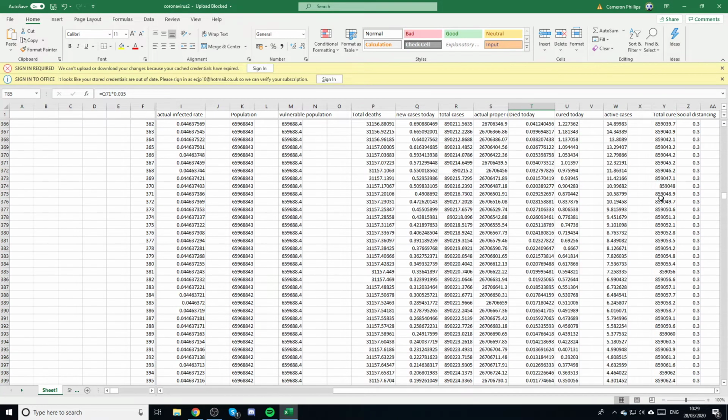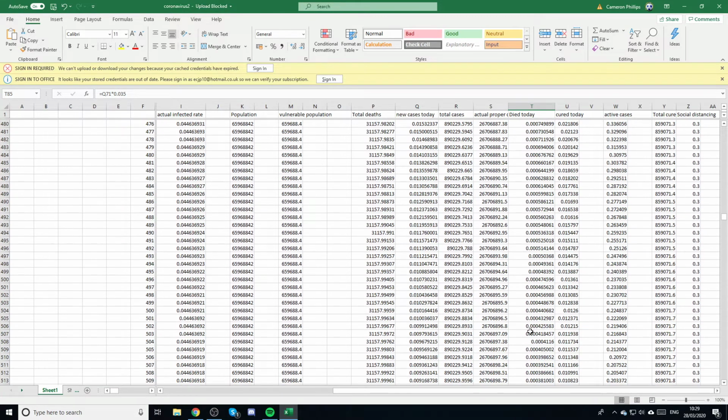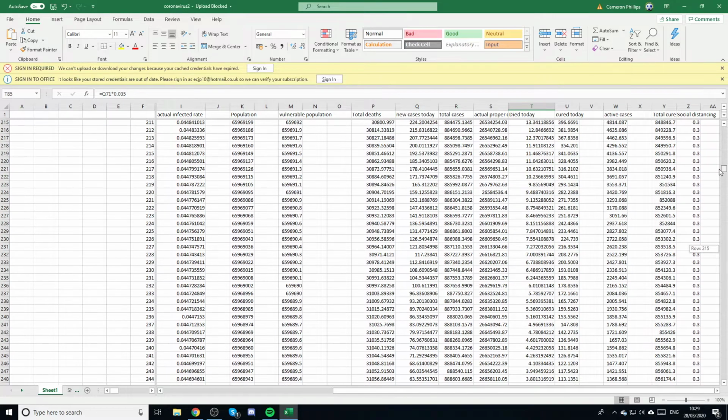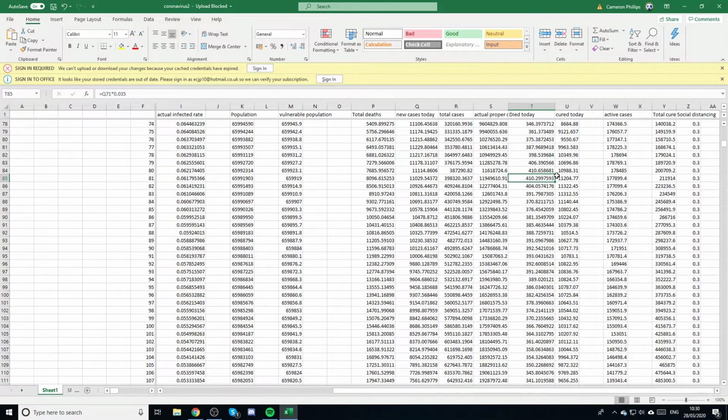But most importantly, the died today curve, which is the number of people who are going to be in hospital beds and taking up lots of beds, instead of peaking at 4,000, peaks at 410.